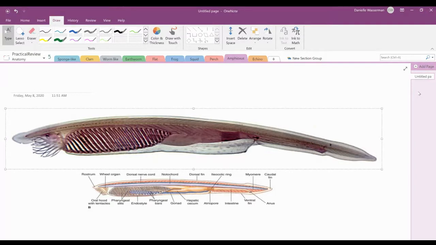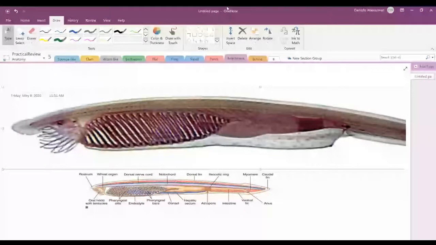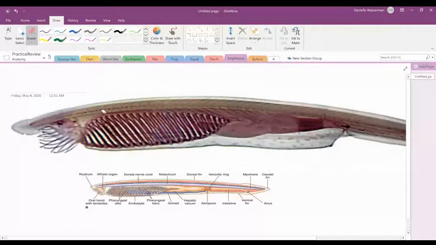And I pointed out once that here, I believe that this broken line was dorsal nerve cord, and notochord is above it.